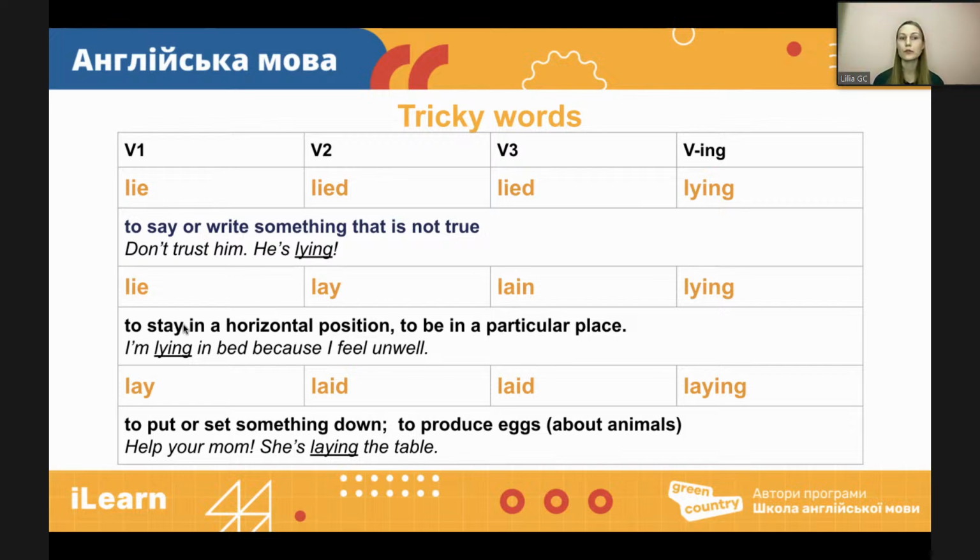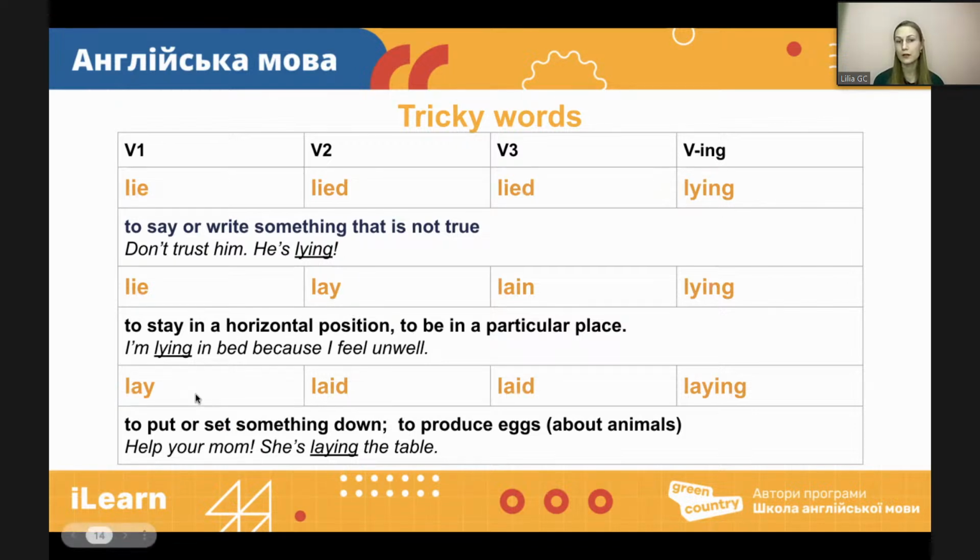Then, when it comes to the word that means лежати, here it is irregular. So we don't say ed, we change it for lay, and the third form laying. So I lay on my bed yesterday. But lying would be just the same. I like lying in my bed, especially on weekends. And we have the verb lay, which first form is absolutely the same as the second form of the word lie, but it has a bit different meaning.